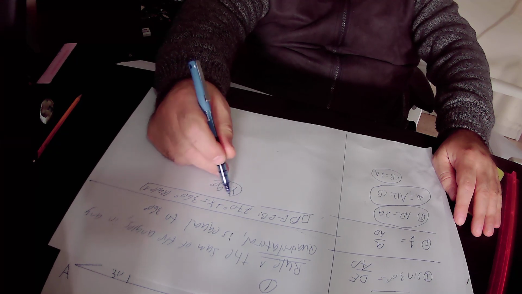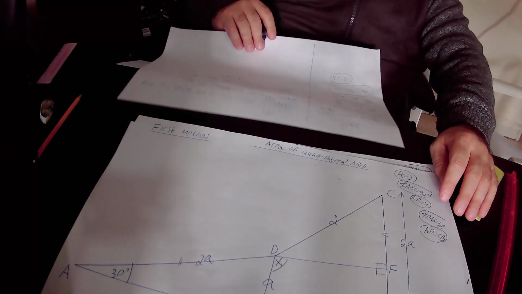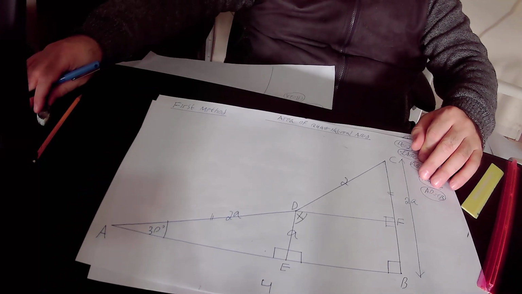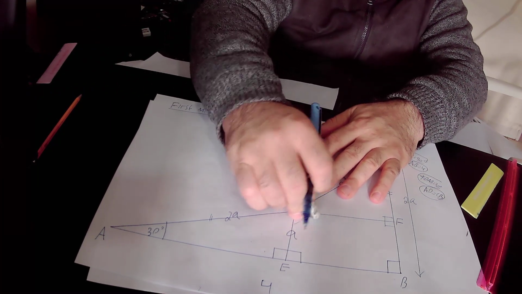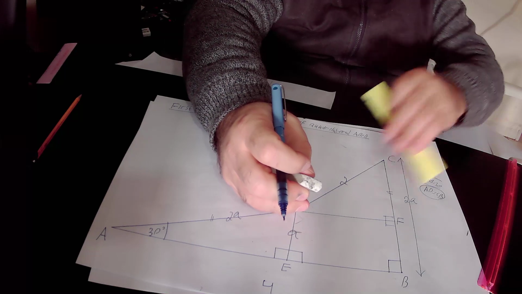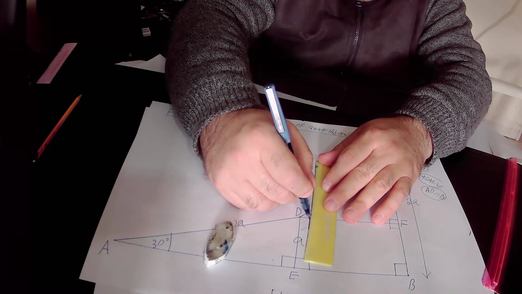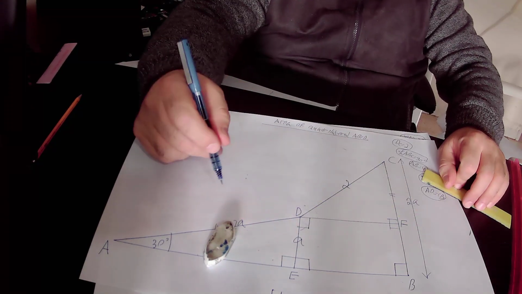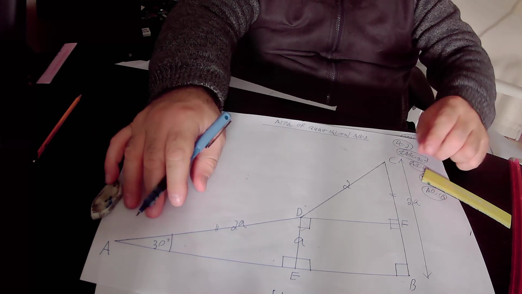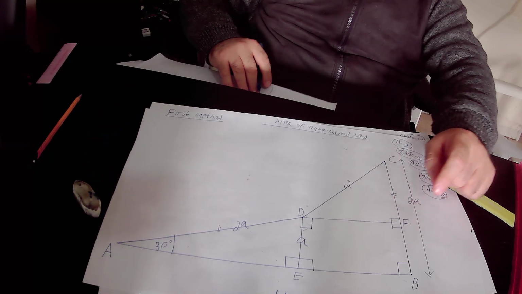So we found out that angle X is a right angle, it equals 90 degrees, so we can substitute angle X by a right angle. So you can see that all angles inside quadrilateral DFEB are right angles, and we also have rule number 2.